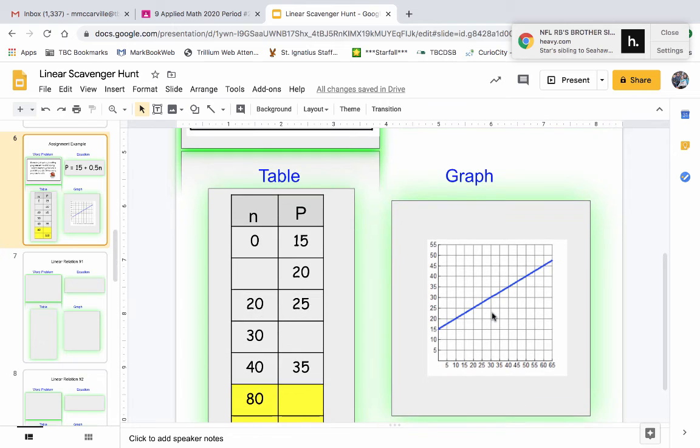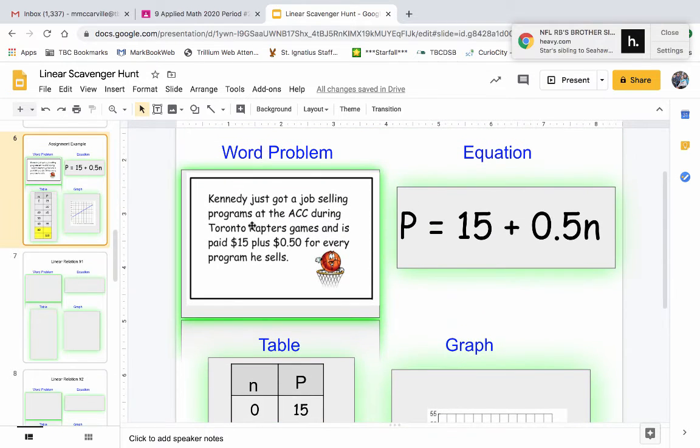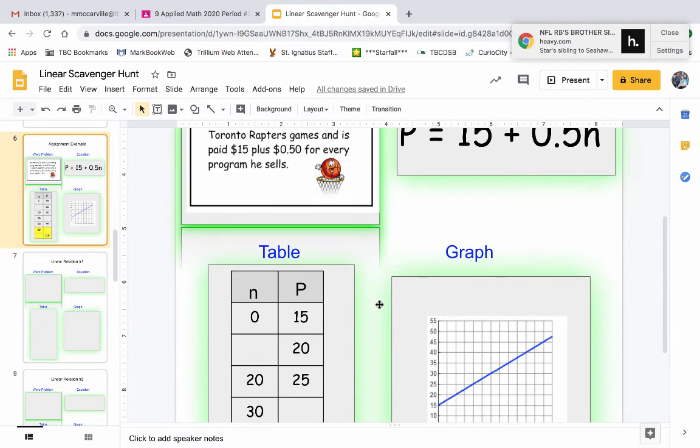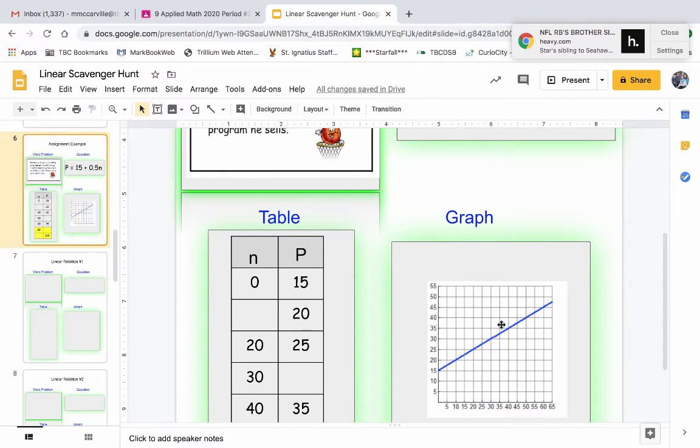If we were to find the rate of change using rise over run, it would give us a rate of change of 50 cents per program. So that's another way you could figure out which graph belongs here.